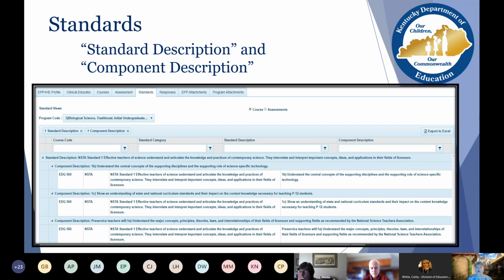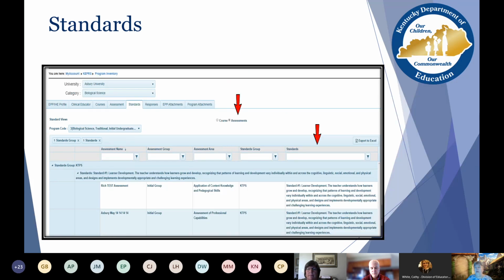You can also look at the standards through the assessment lens by clicking on the radio button that says Assessments. Please note that EPPs are required to align their program assessments with the Kentucky Teacher Standards.